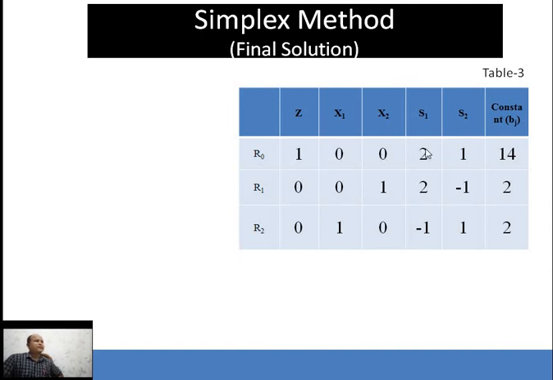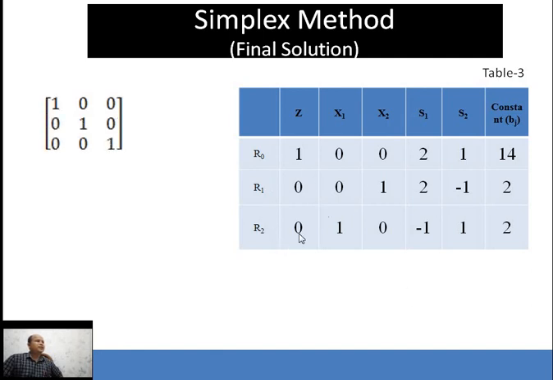Since row 0 has no negative value, we are confirmed that we have got the final solution of this maximization problem. So from this table, again we'll get an identity matrix, that is 1 0 0 1 1. So this is the identity matrix.